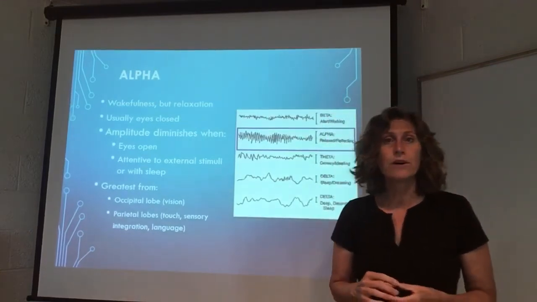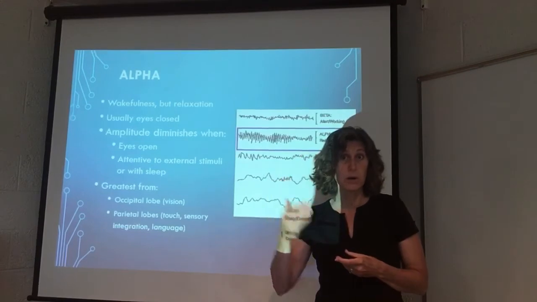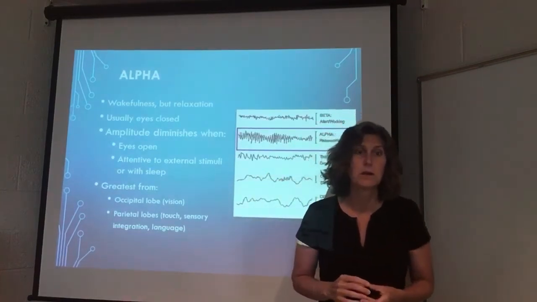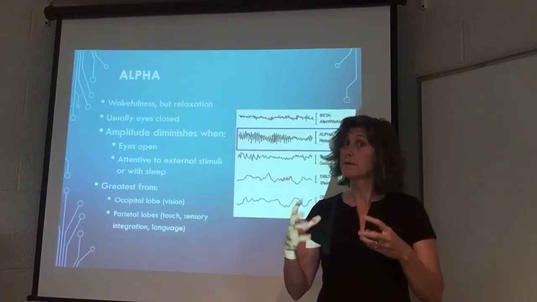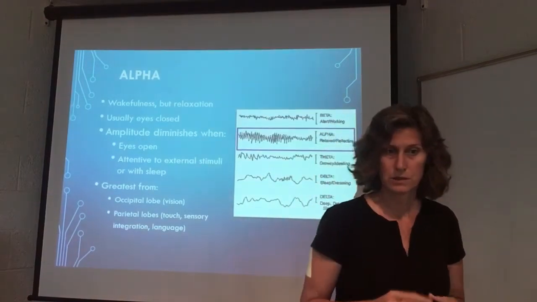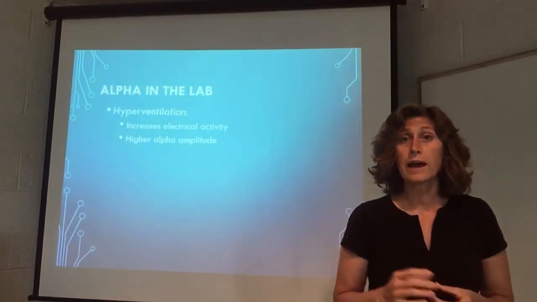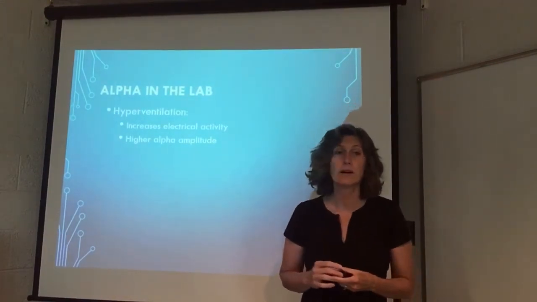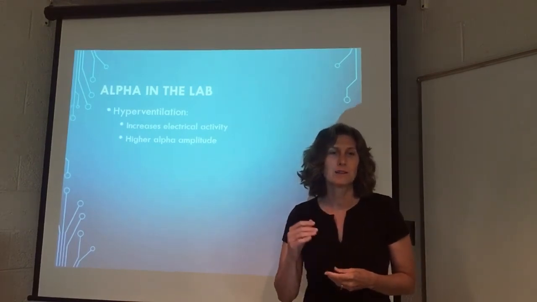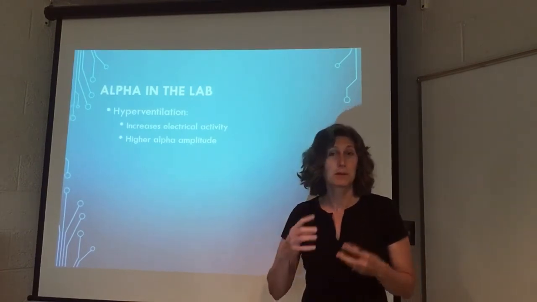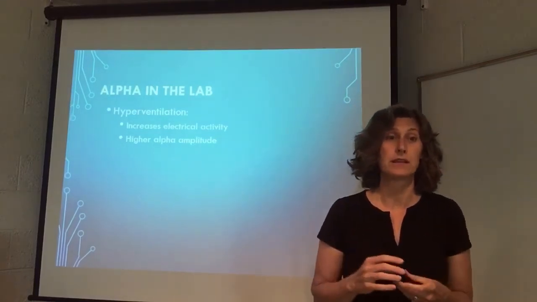The alpha amplitude in the signal is greatest from the occipital lobe, which is associated with vision, and the parietal lobes, which are associated with a lot of the other sensory areas. In the lab, another way to invoke alpha is hyperventilation. The lab typically requires this hyperventilation to get yourself into this alpha mode.